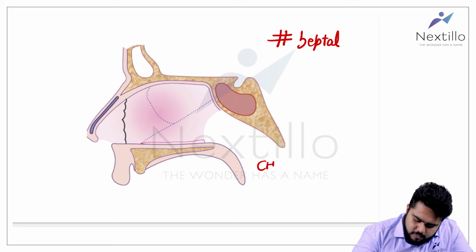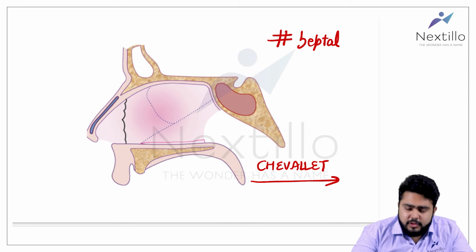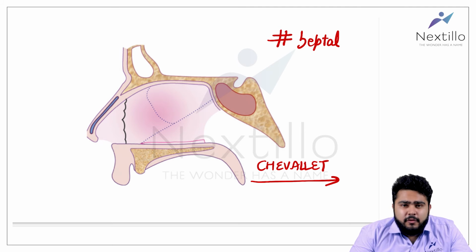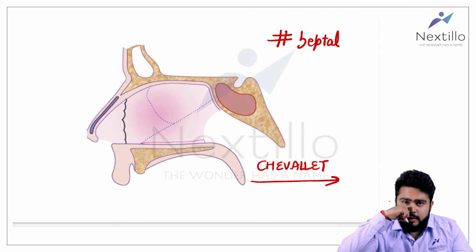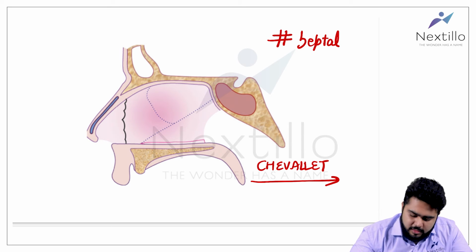This fracture is called Chevallet fracture. This is caused because of a force or a punch from the side. So if somebody hits like this from the side, the nose breaks in this manner and the fracture line runs vertically.